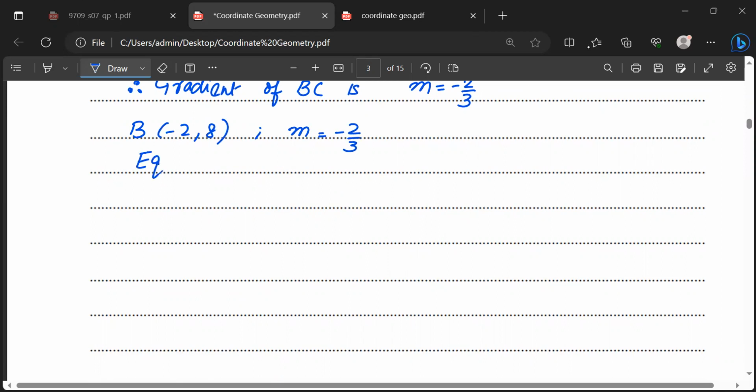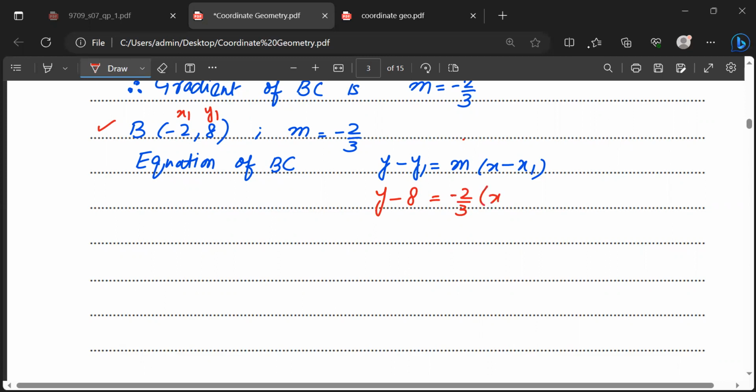So you can write the equation of BC: y minus y1 equals m into x minus x1. As the point is B, y minus 8 is equal to minus 2 over 3 into x minus minus 2.